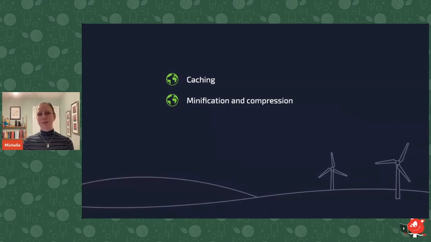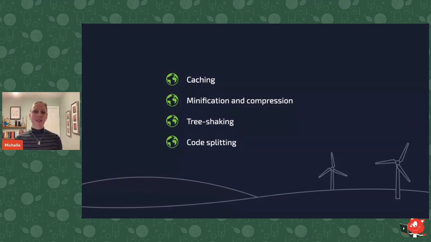So use build tools to minify, compress images, reduce JS transfer with gzip or Brotli compression. Tree shaking is the process of removing dead code, which can be done with build tools. And code splitting, too, you can do with build tools. So splitting your code into smaller chunks and loading them when needed.